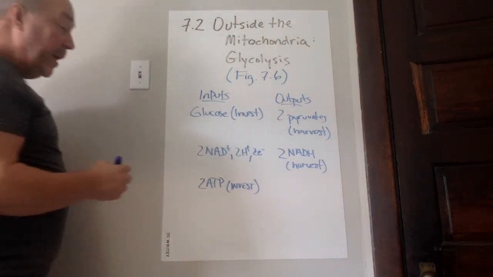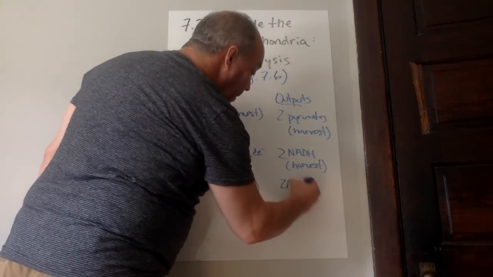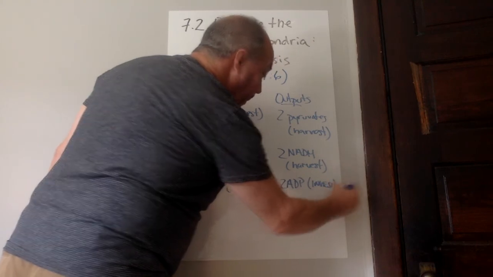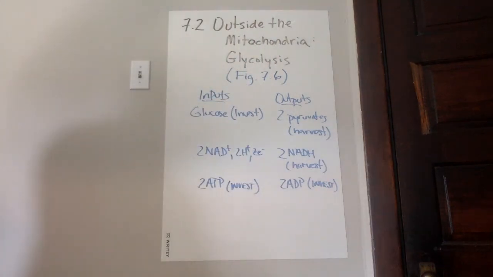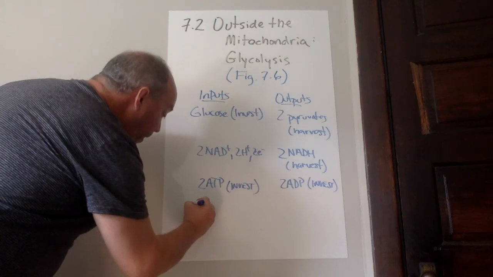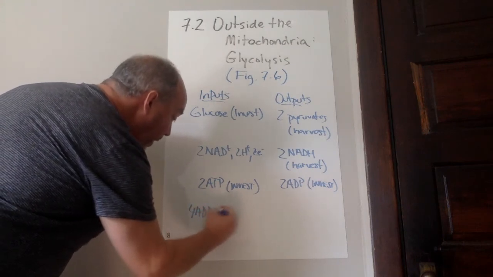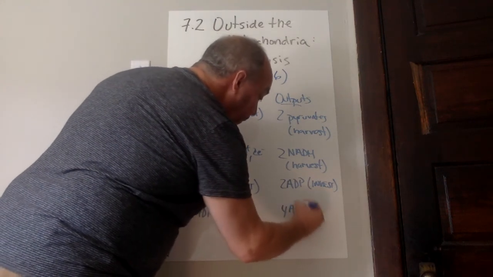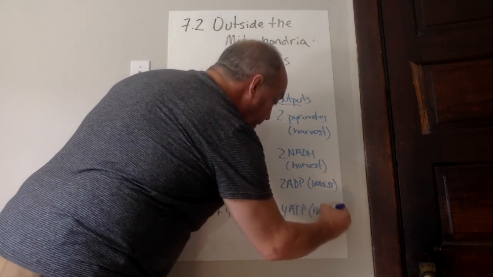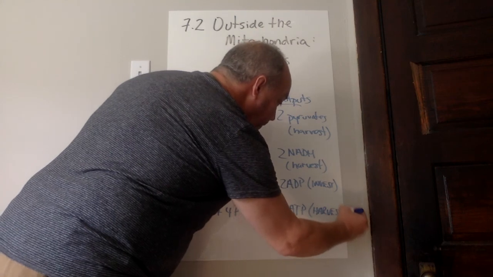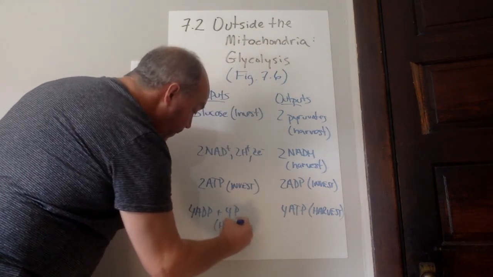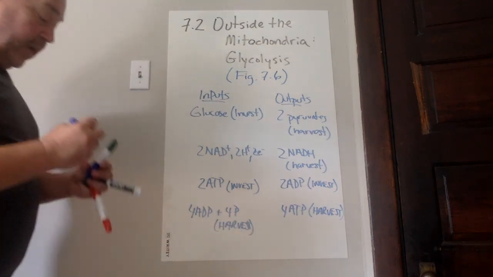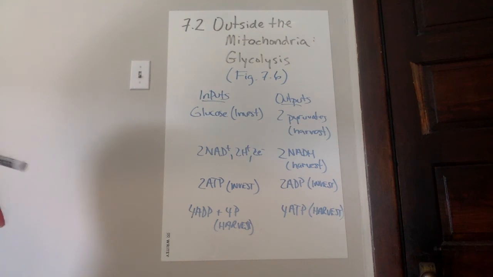And that means they will end up losing and becoming 2 ADP during the investment part. And then conversely, during the harvest station, we will put in 4 ADP and 4 phosphates, and we will get 4 ATP. And this takes place during the harvest. So those are the molecules you need to know and should be able to follow during glycolysis.